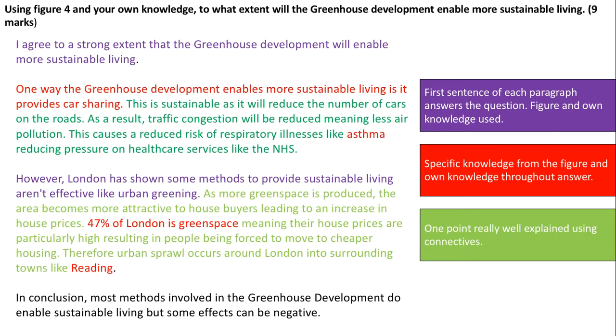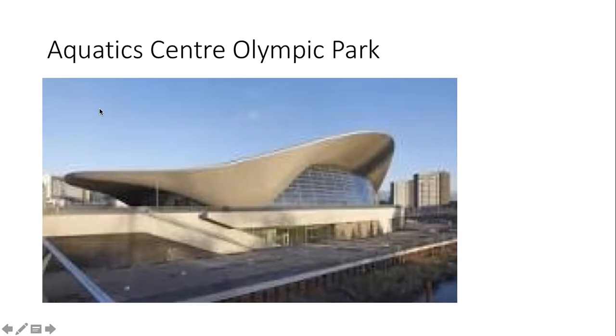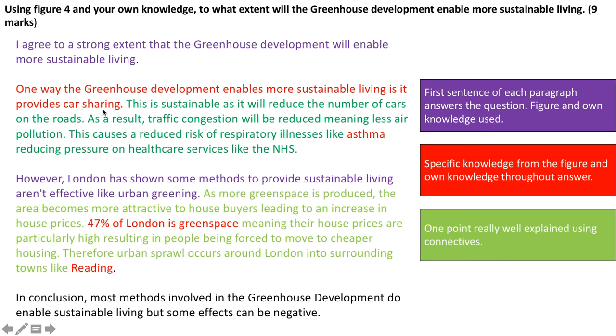She's used her own knowledge about air pollution and air pollution causing respiratory illnesses. Great. She's also not only used knowledge from the figure at the start of her answer, she's used it throughout. So, she's mentioned a specific illness, asthma, which is great to see.